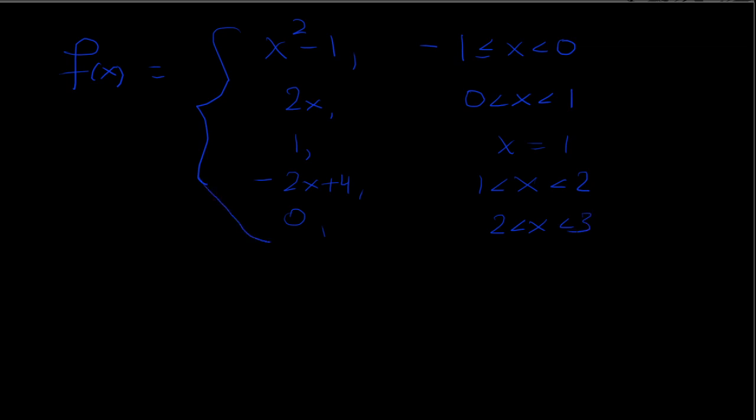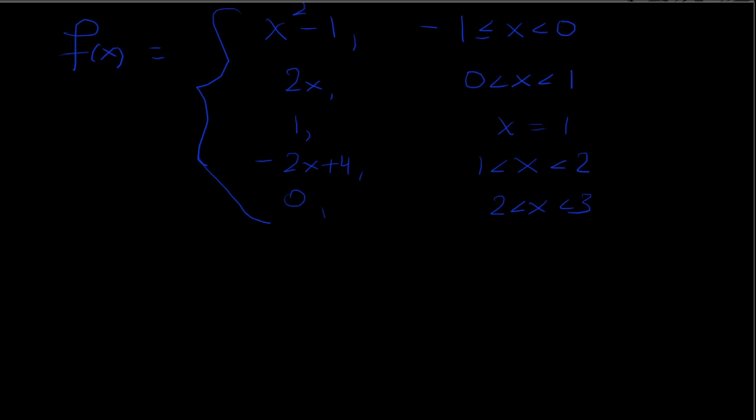Okay, so if you graph this, we have what looks like a semicircle on the left here with a hole at 0. And then there's another hole at 0 here. And we're going to have a triangle. And the peak of the triangle is at x equals 1.